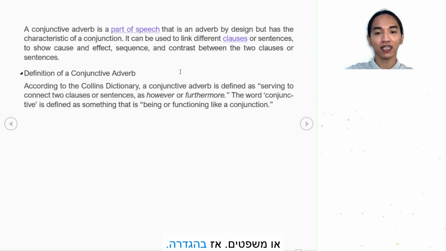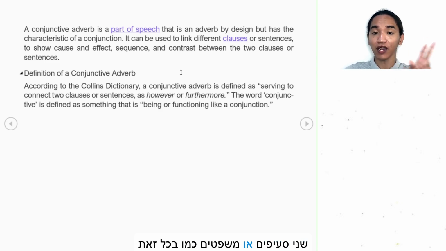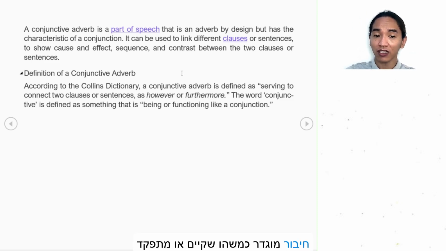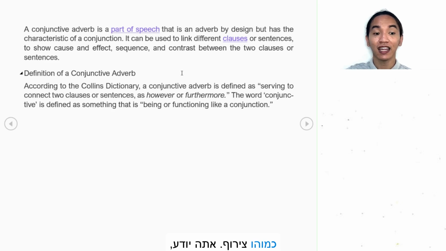So by definition, according to the Collins Dictionary, a conjunctive adverb is defined as serving to connect two clauses or sentences, as however or furthermore. The word conjunctive is defined as something that is being or functioning like a conjunction. You know our conjunction? Later on, we will discuss them.